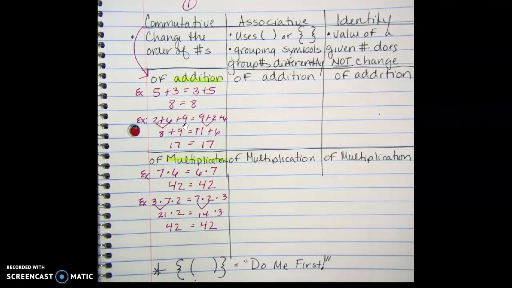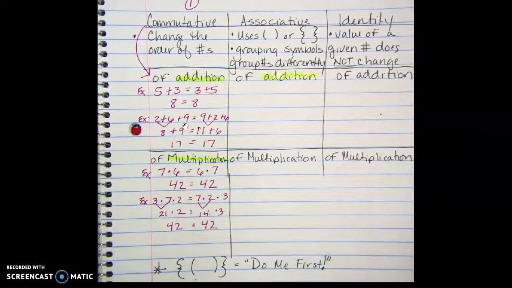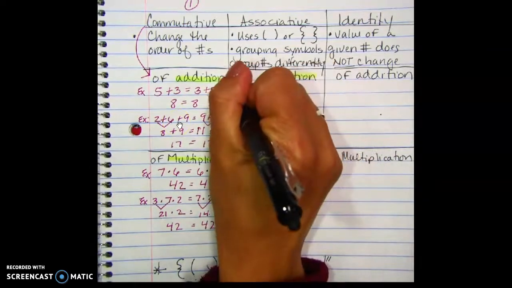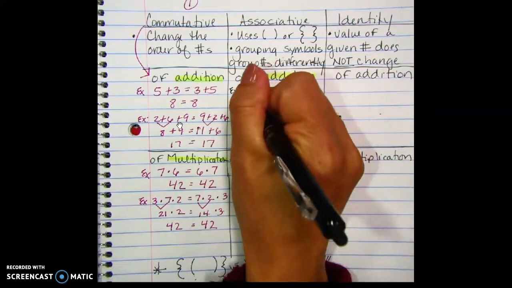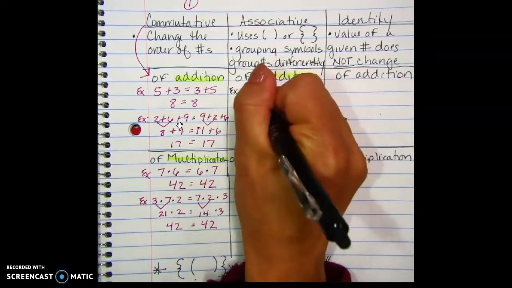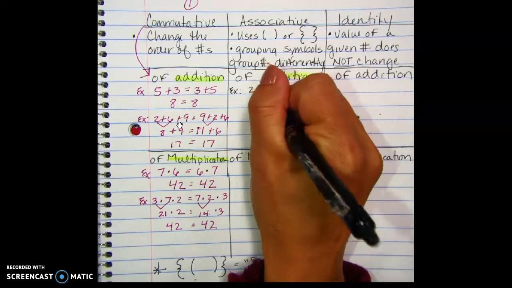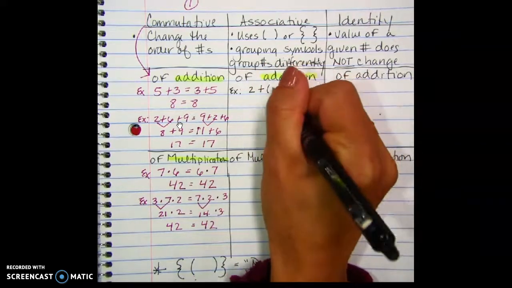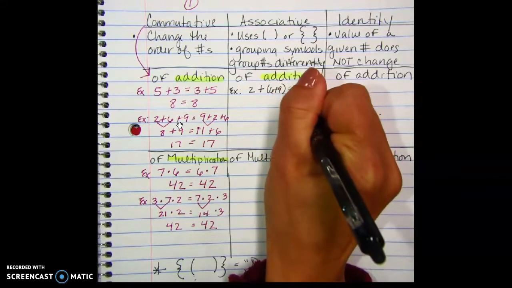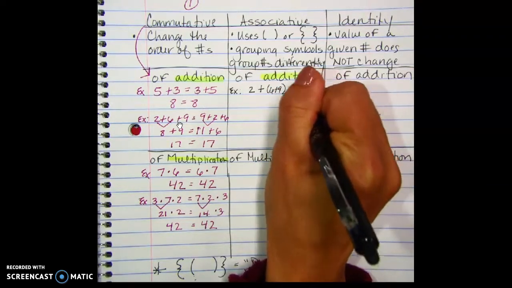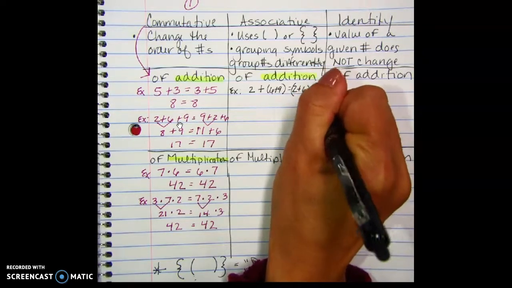So I'm going to take my highlighter and I'm going to start with my example. So how can I group my problem? Okay, so what if I have something like this? Same problem, okay? And then I have plus this: 2 plus the sum of 6 plus 9. Does it equal 2 plus 6, the sum, plus 9?